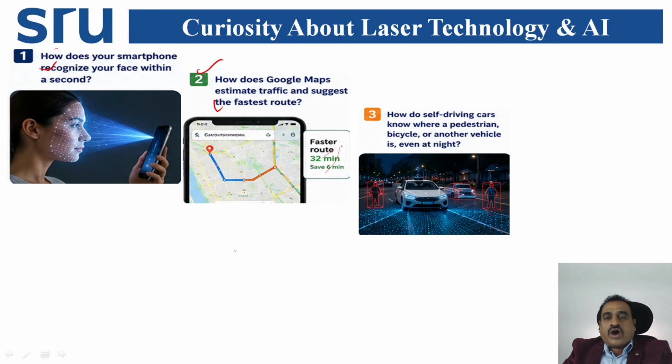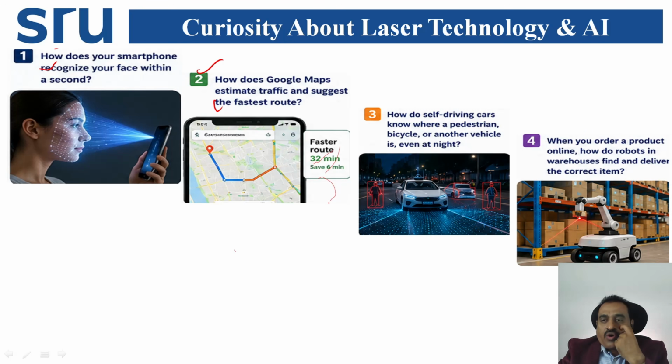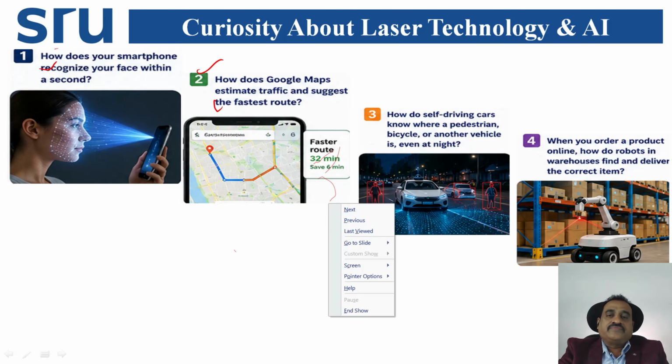Coming to the third one, self-driving cars, which I already discussed at the start. How does a self-driving car detect pedestrians and other vehicles? When you order a product online, how do robots in a warehouse find and deliver the correct item?